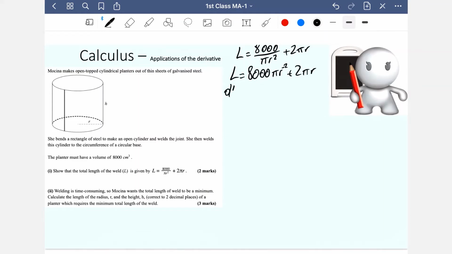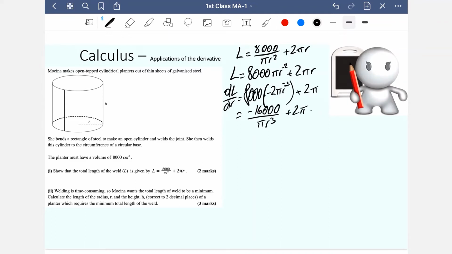And now let's differentiate. So dl over dr, we're differentiating with respects to r. Now the 8,000 stays as it is, that's a constant. Okay, and I'm multiplying that by, okay, drop the power, and then less 1 for the power. Okay, and here it's 2 pi. Okay, 8,000 multiplied by negative 2 is negative 16,000 pi r cubed at the bottom plus 2 pi.